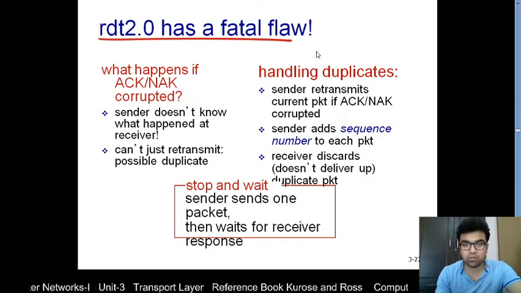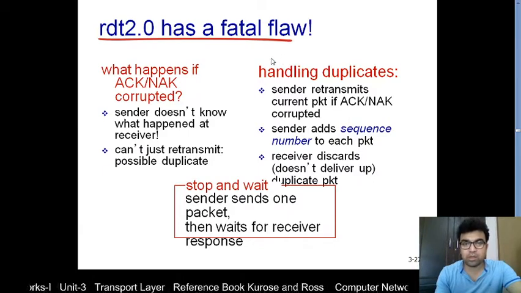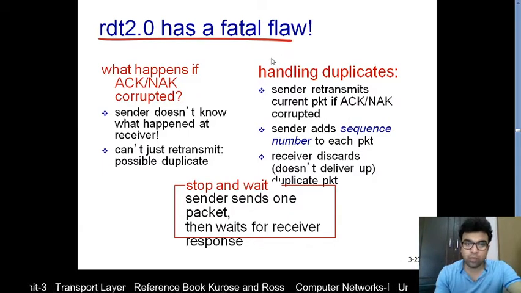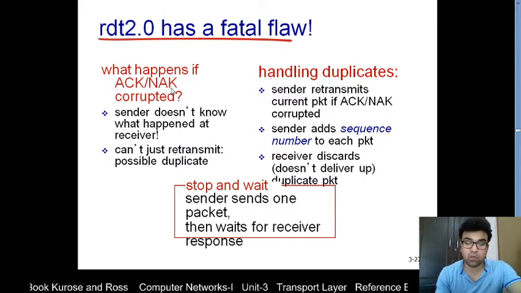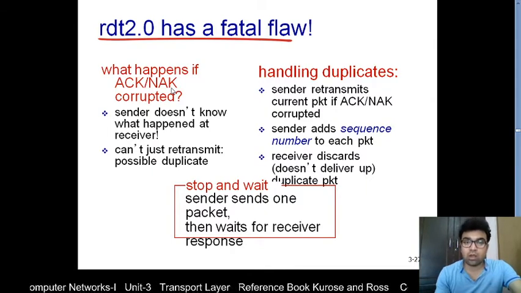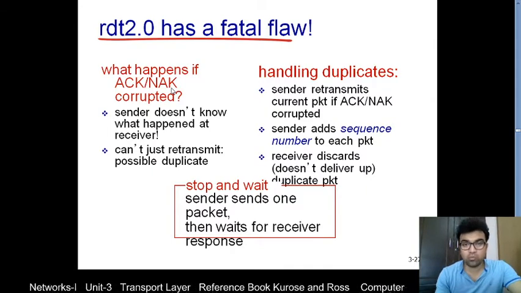So here it is. These are the flaws present in RDT 2.0. If your acknowledgement or negative acknowledgement, which is coming from the receiver side, gets corrupted, then what will the sender do?